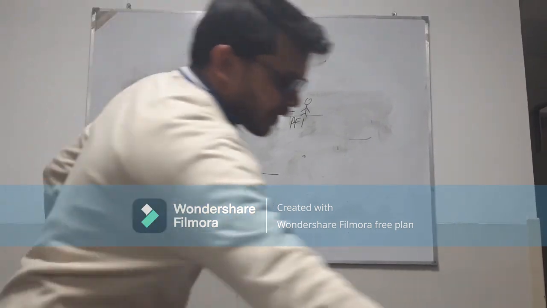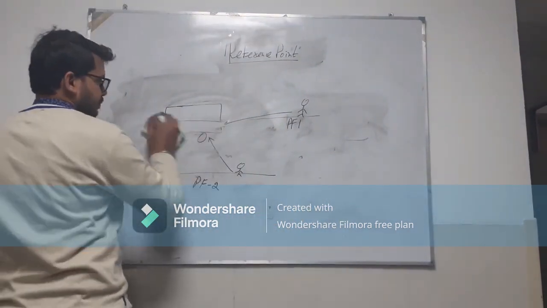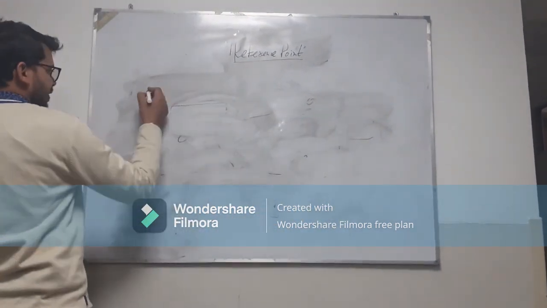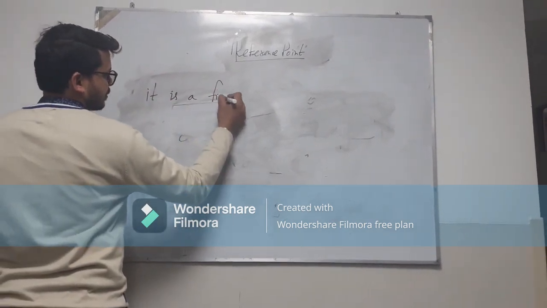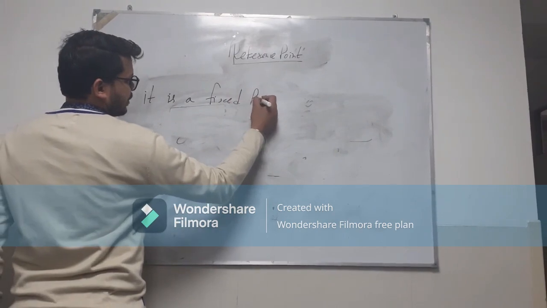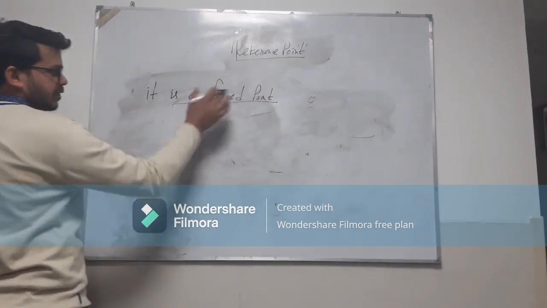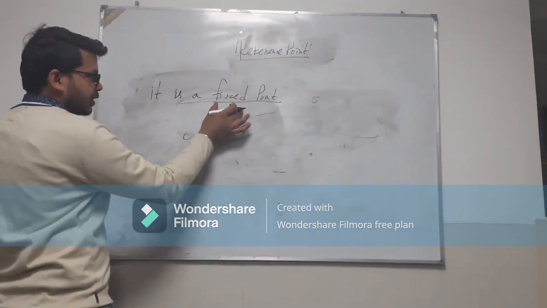So from there we can say, what is a reference point? It is a fixed point. Fixed point means, if we vary it, then the position of the object will change. So it should be fixed.